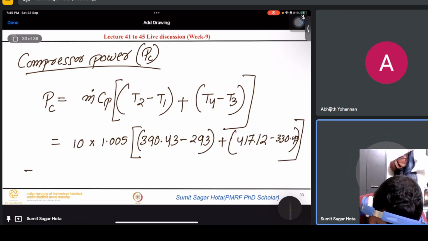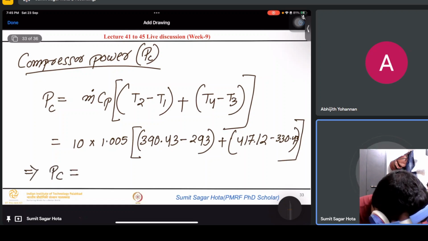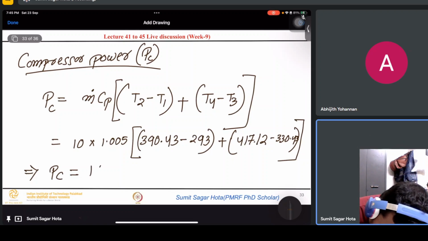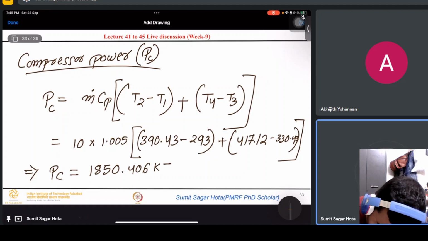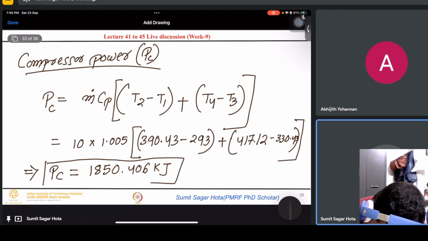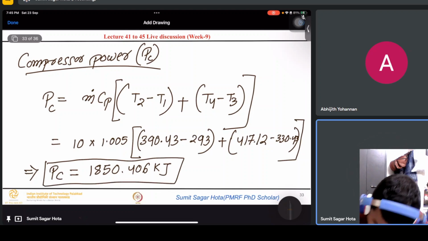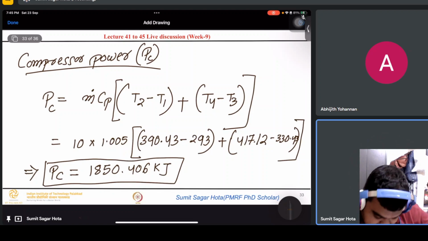If you solve all this, you get the compressor power as 1850.406 kilojoule, because 1.005 is given in kilojoule per kg Kelvin, so the unit will be kilojoule.